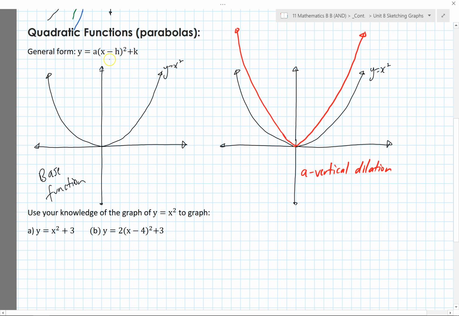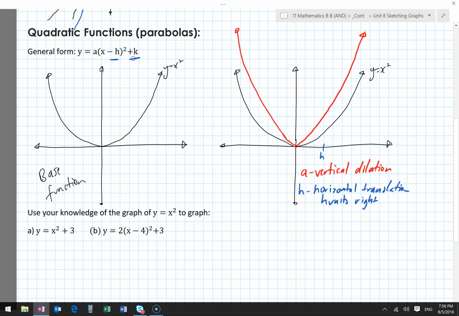And then from here we have two transformations. We're subtracting h, so that means we have a horizontal translation of h units. Because it's a negative value, it means that it'll be h units to the right. So my turning point here is going to move h units to the right, wherever h is.